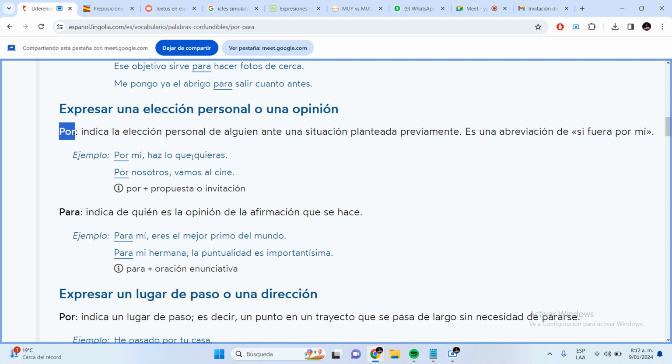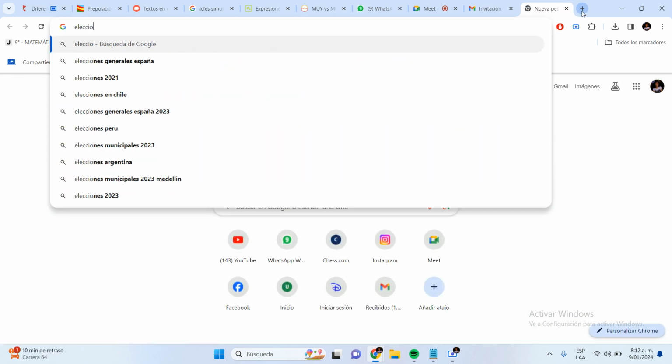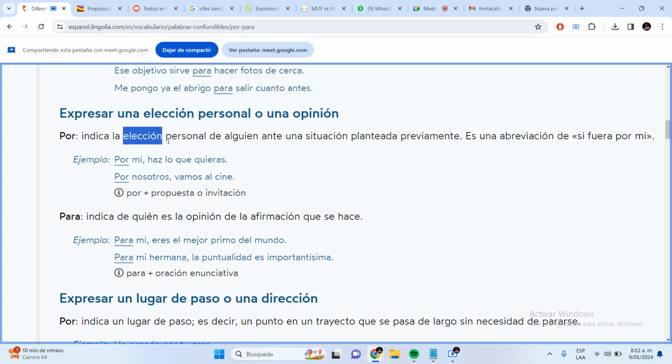So, this word por indicates the personal choice, right? I think that's the word for elección. So, wait, give me one second. See, the choice, right? Of course, choice. The personal choice of someone, and that's about a previous situation.